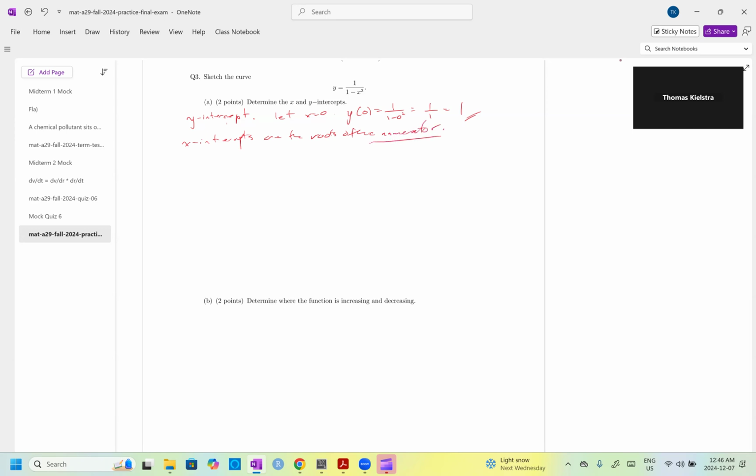There are no roots in the numerator. There are no x-intercepts. Okay.